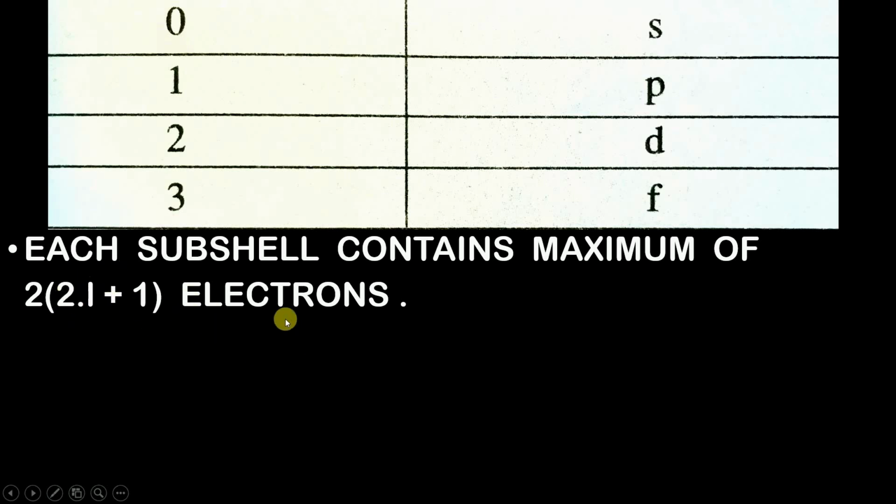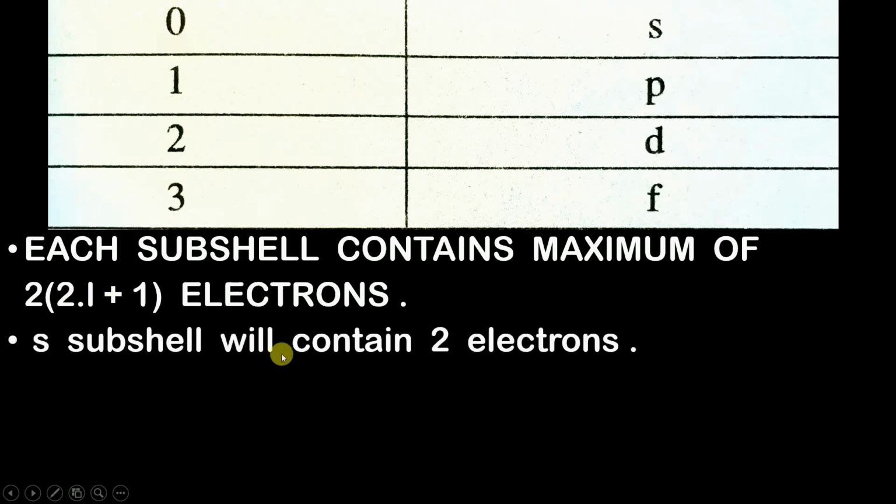Suppose you want to find the maximum number of electrons in the S subshell. You substitute the value of l as 0, because l equal to 0 corresponds to the S subshell. When you substitute l as 0, you get that the S subshell will contain 2 electrons.